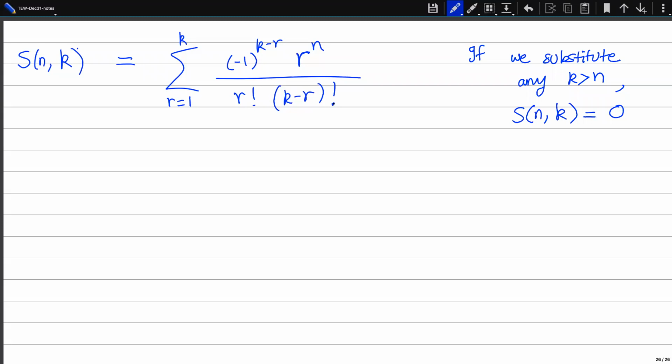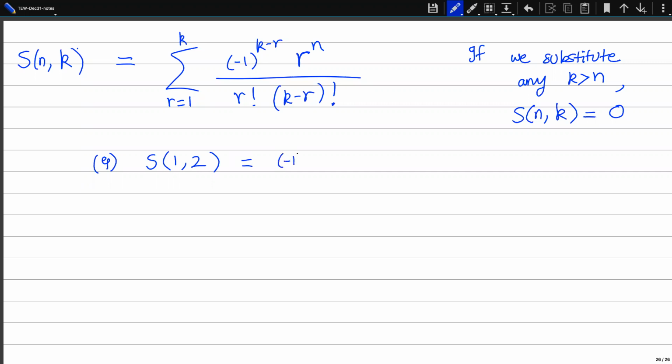Part of the reason is that we got the recurrence relation from this definition. But let's check it for some silly value just to see that it actually works out. If I take n equals 1 and put k equals 2, this is now a sum where r goes from 1 to 2, so I have to take r equals 1 and r equals 2.